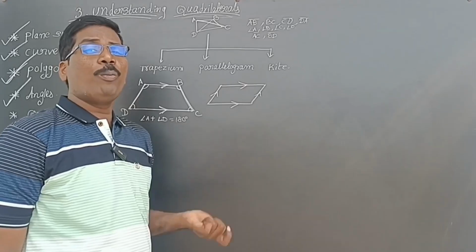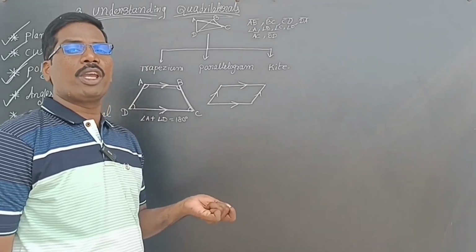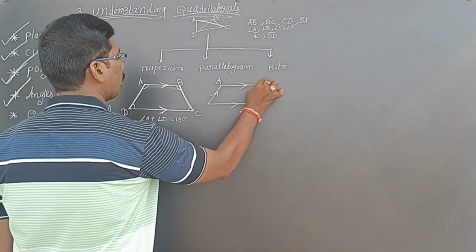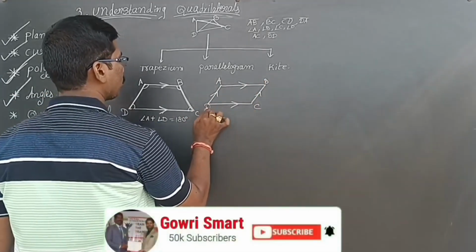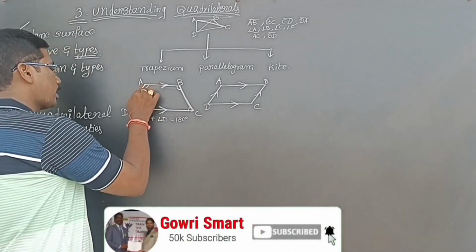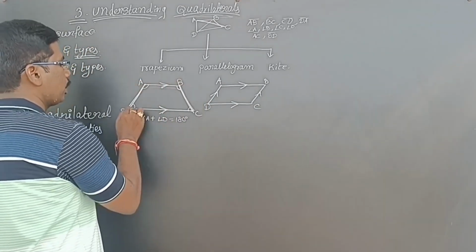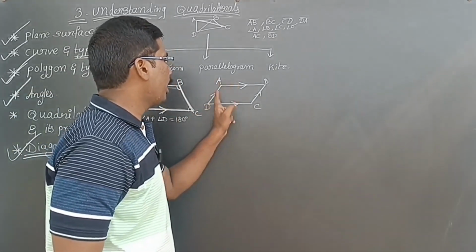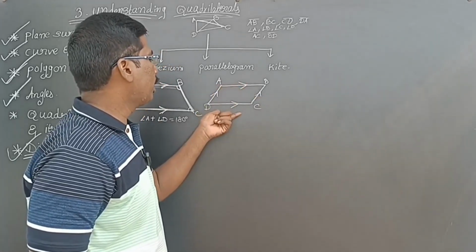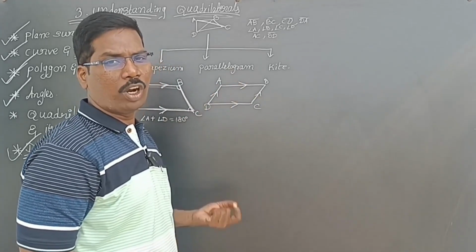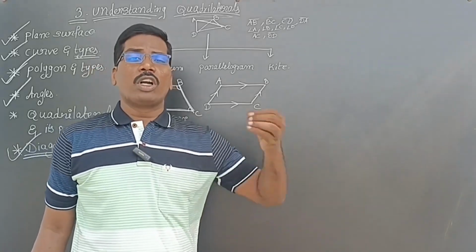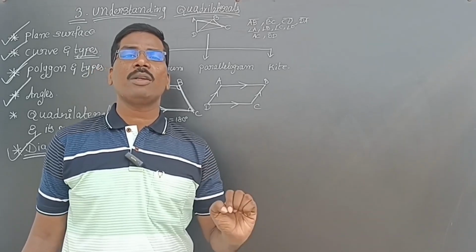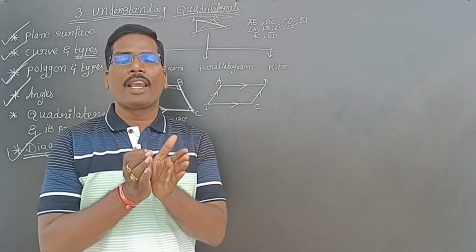In a quadrilateral, if two pairs of opposite sides are parallel to each other, then that is called a parallelogram. These are the legs: AD is a leg and BC is a leg. So AB and CD are parallel and AD and BC are parallel. So a quadrilateral in which two pairs of opposite sides are parallel is called a parallelogram.